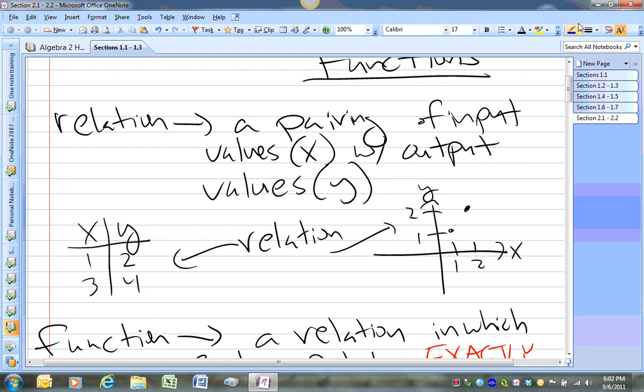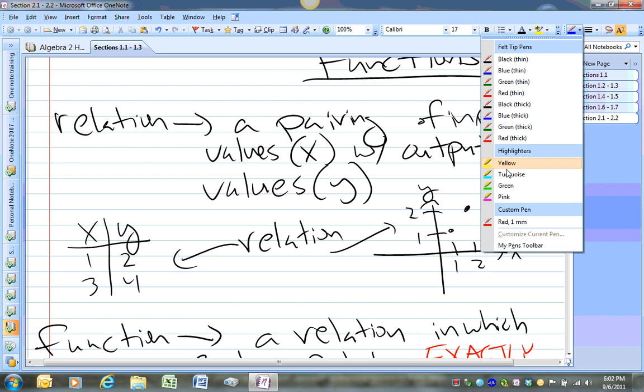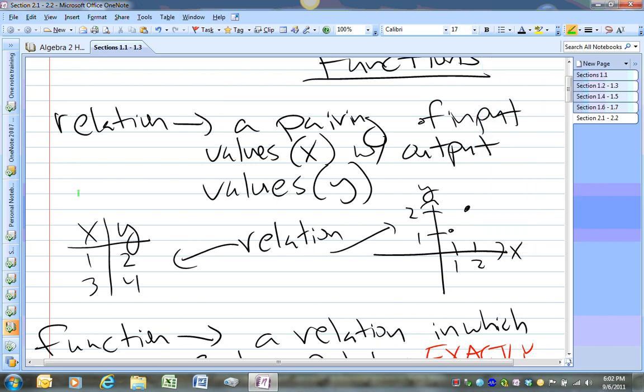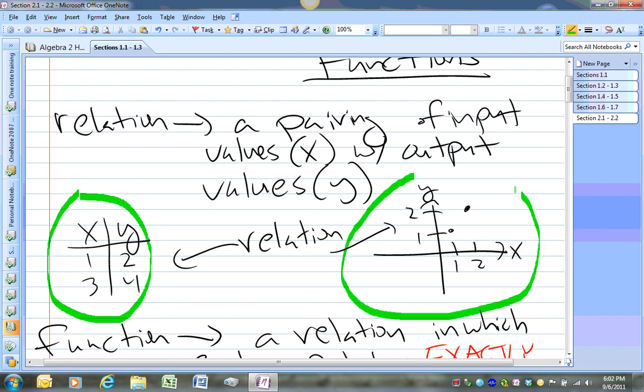I could probably use the highlighter to do some of the stuff. As you can see right here, that's a relation because you have a table with x and y. That's a relation because you have a coordinate plane that plots x and y values. So again, a relation is very simple, just a pairing of input values, or x, with output values, y.